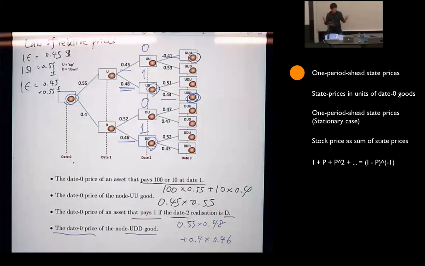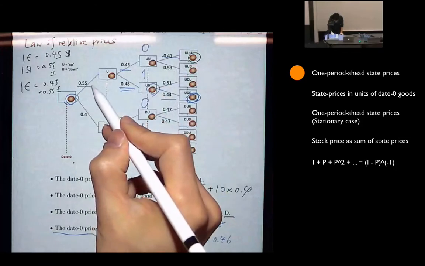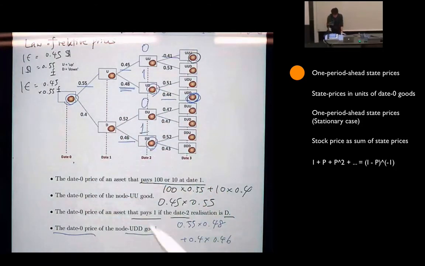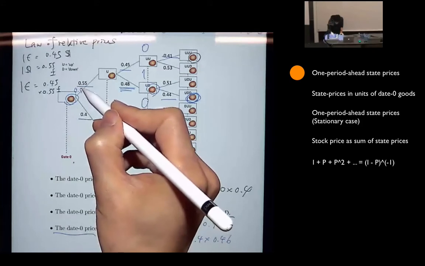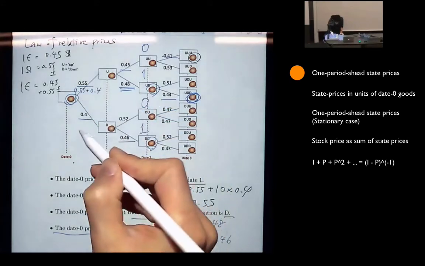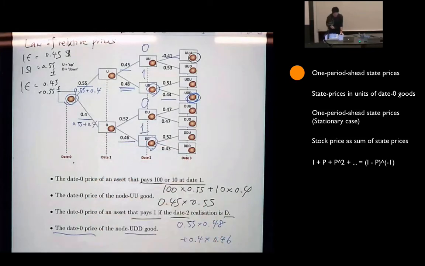Now speaking of probability, we introduced this concept of risk-neutral probabilities in the last class. State prices do not sum up to 1, but 0.55 and 0.4 do not sum up to 1. But if you divide them by their own sum, then they sum up to 1.